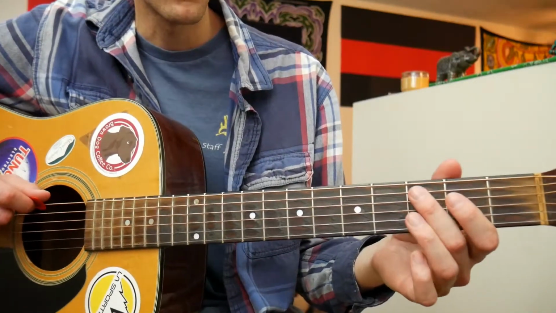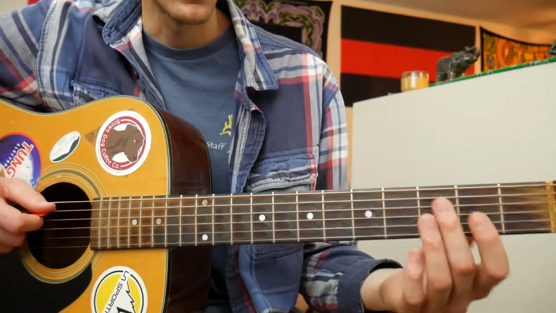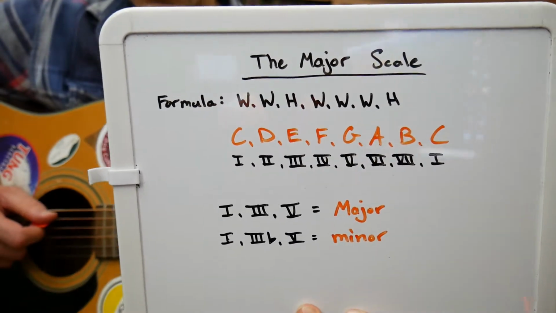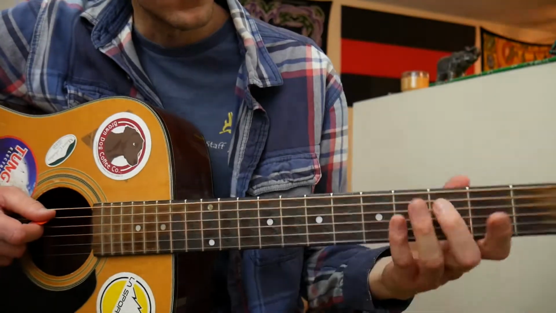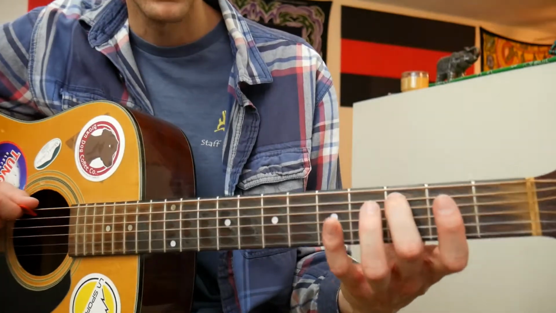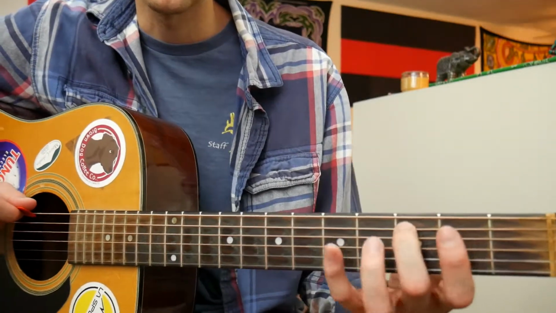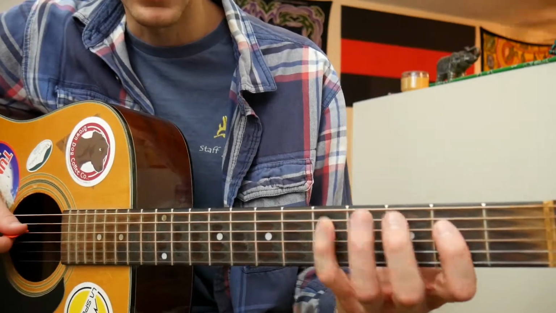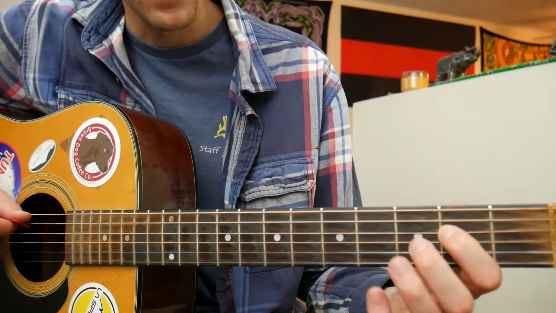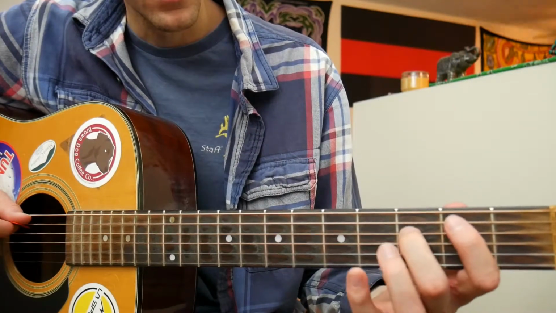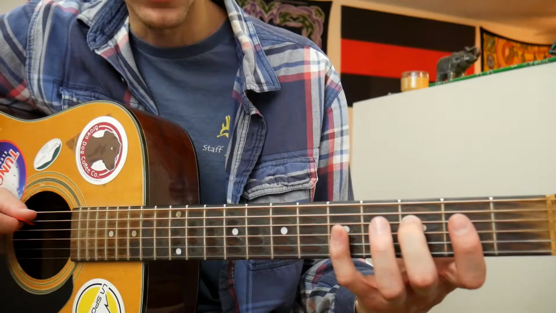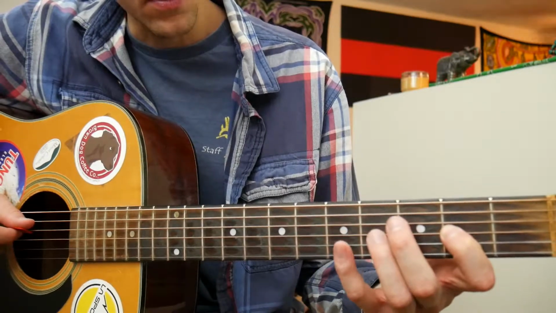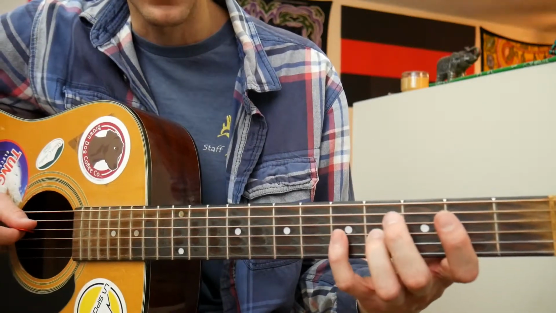Alright, so now, if you wrote down that formula, how does that formula apply? The formula is whole step, half step, whole step, half step. So starting on that C note, after you hit the C note, you start the scale. C to D is a whole step, D to E is a whole step, E to F is a half step, F to G is a whole step, G to A is a whole step, A to B is a whole step, B to C is a half step.